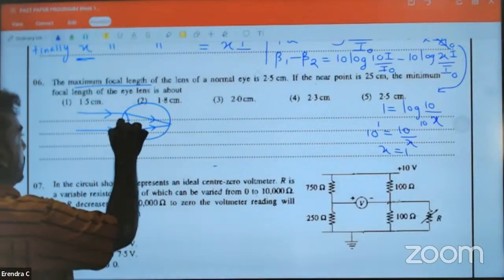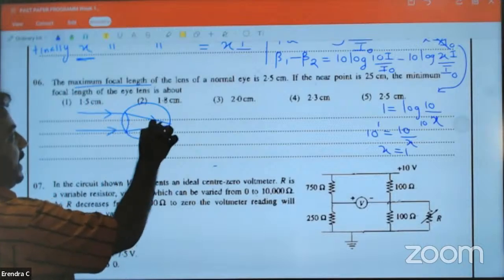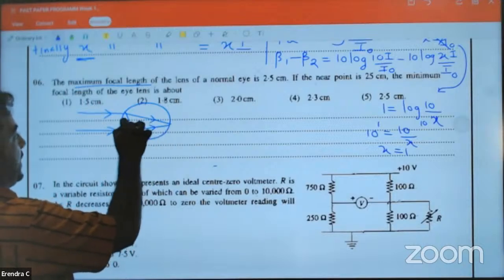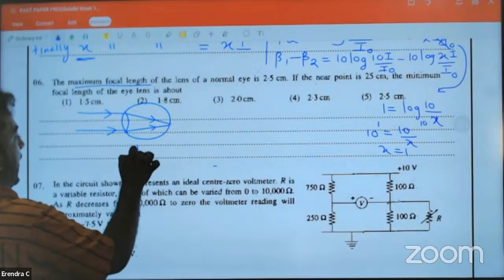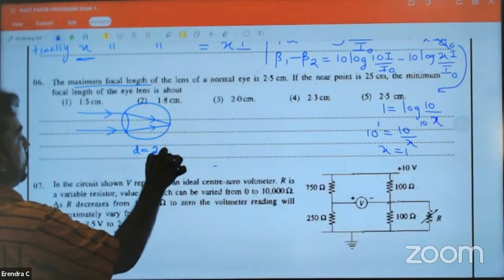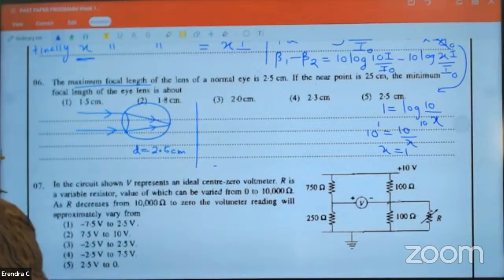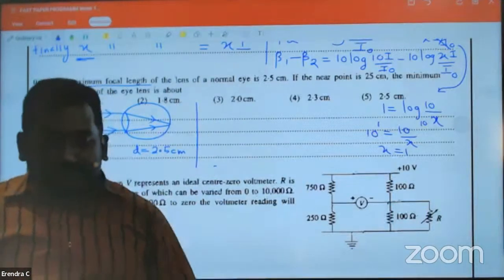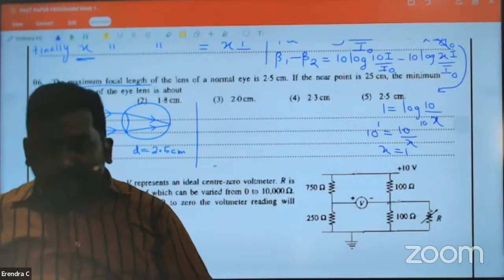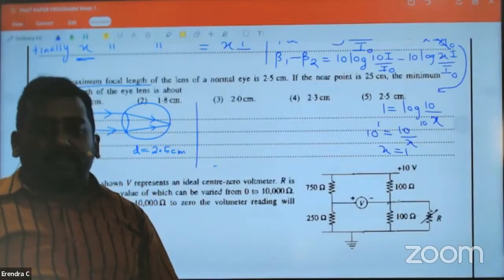That means what can you say about the focal length of the eye? Focal length of the eye is going to be 2.5, so the diameter of the eye is going to be 2.5 centimeters. Clear?